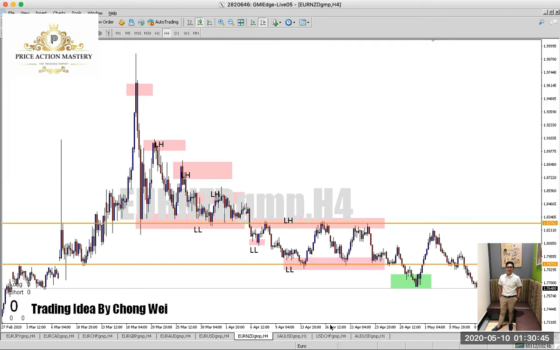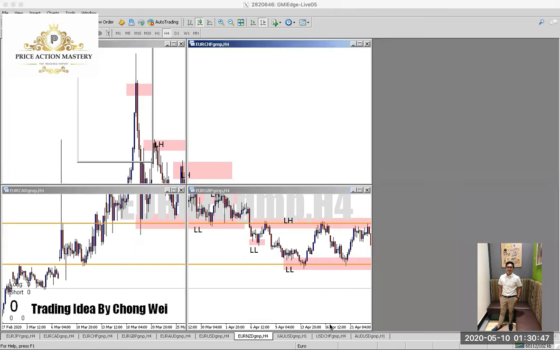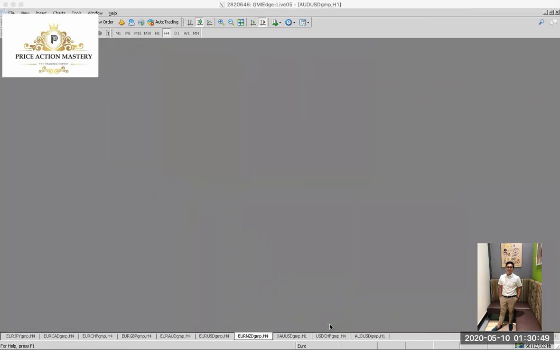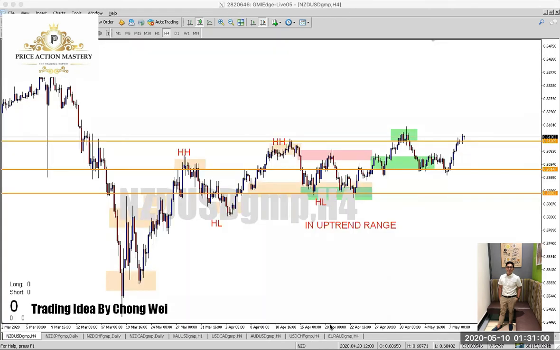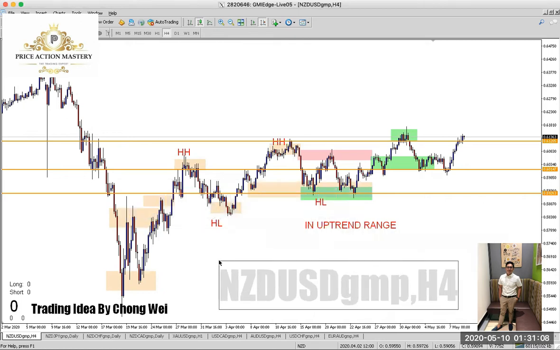Okay, let's go into New Zealand USD. We can see very clearly, overall there's no doubt, because overall it is an uptrend.